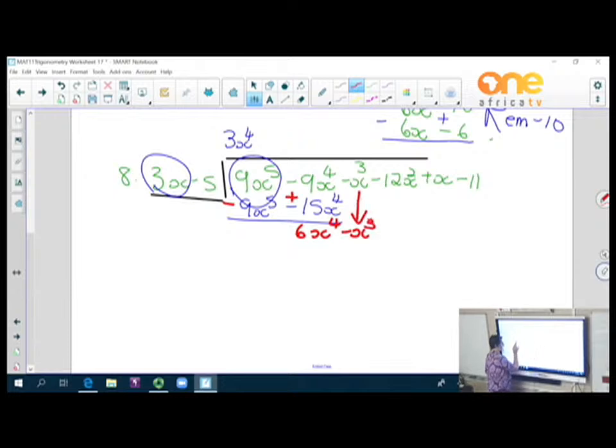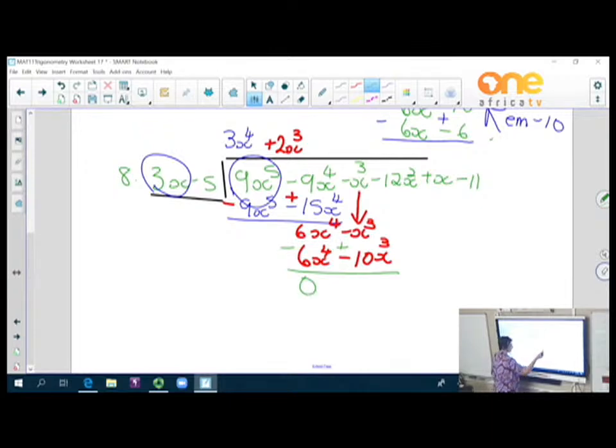So we're still looking how many times will he divide into that one, and that will be plus 2x to the power of 3. Multiply, then you have 6x4 minus 10x to the power of 3. We are subtracting, so we change the second signs. This one eliminates. Negative 1 plus 10 is plus 9x to the power of 3.